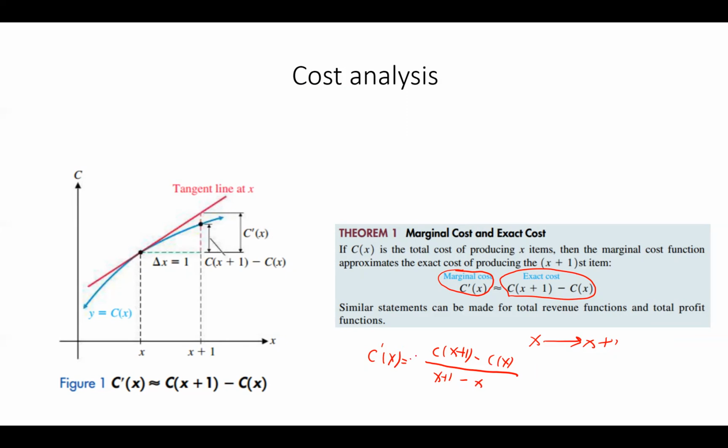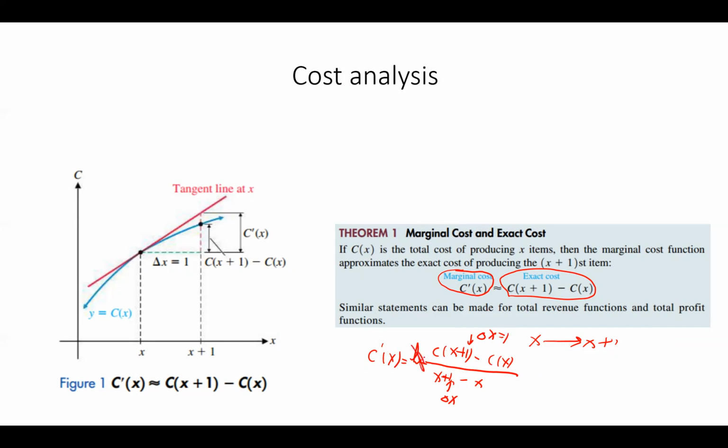And then we're adding a limit. In the extreme case, we consider a delta x, but in this case, we're fixing delta x to 1. So now it's actually 1, and there are no limits.